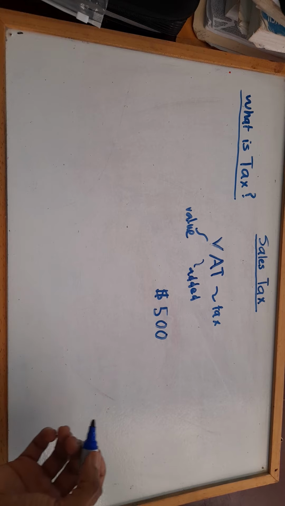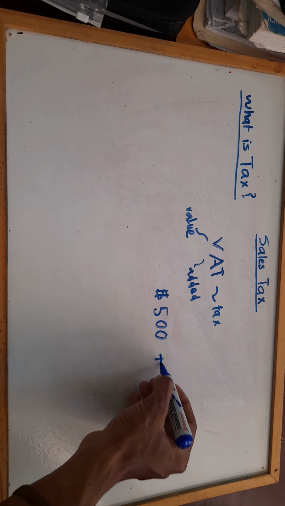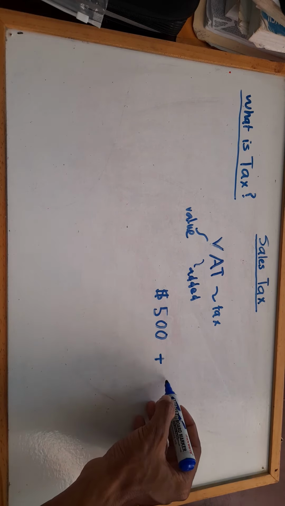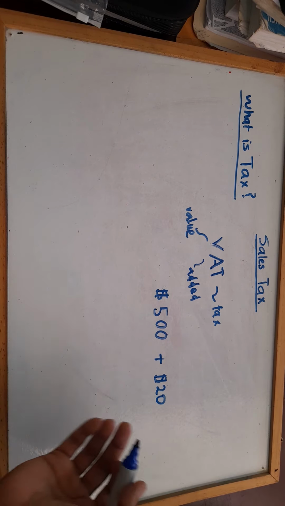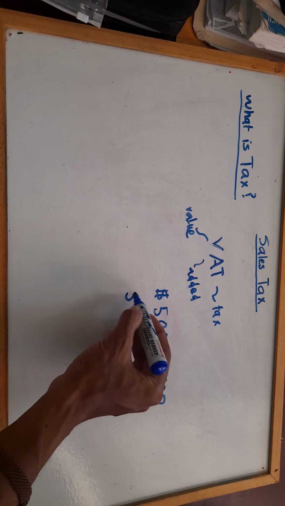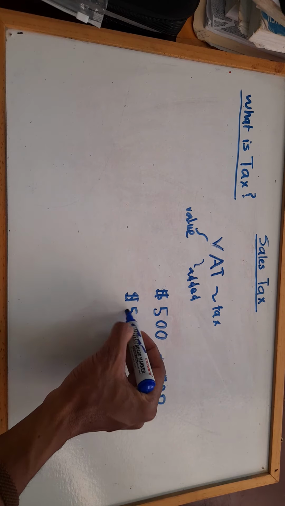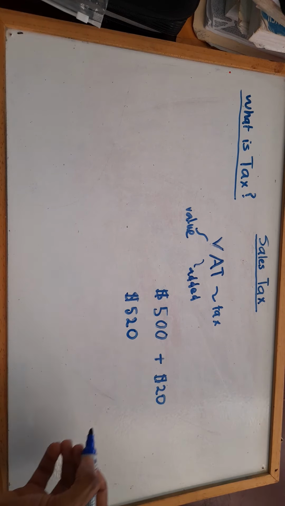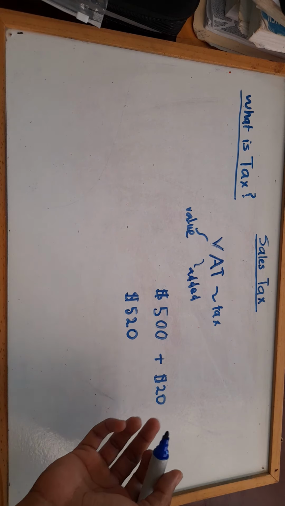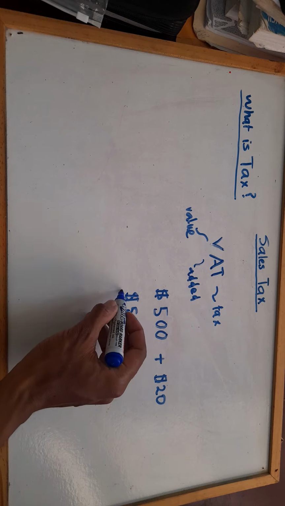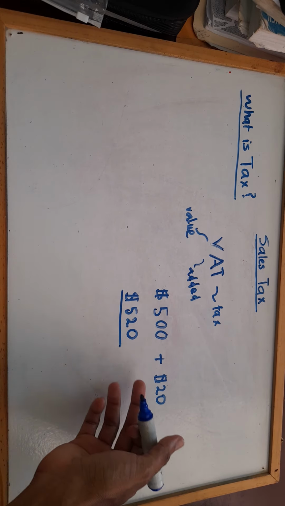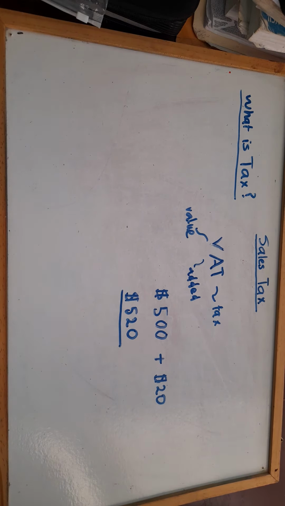Normally, a store would add on some small amount of money, say $20, to this $500, and you would see a price. You won't see $500 displayed. You would see $520 displayed. The additional $20 is the tax that is added to the price. This price is displayed in the store. $20 goes to the government. This is known as tax.